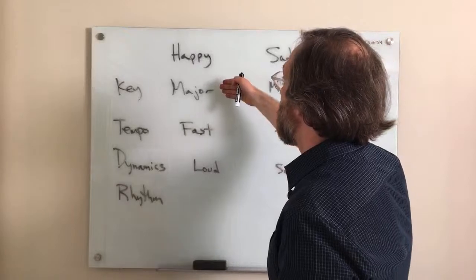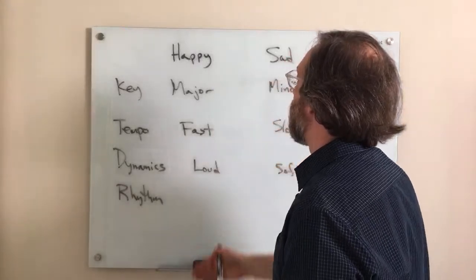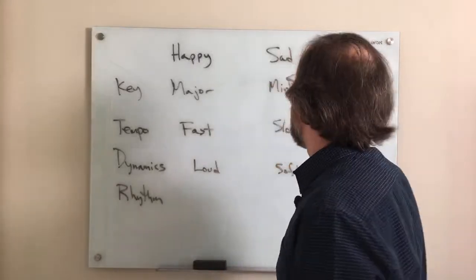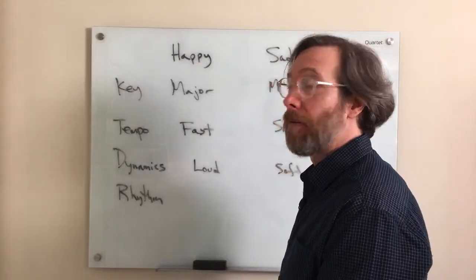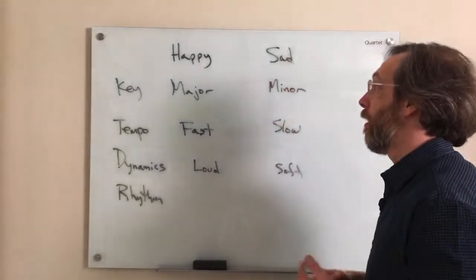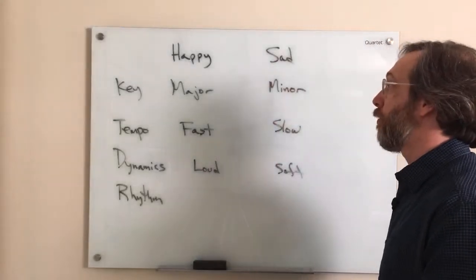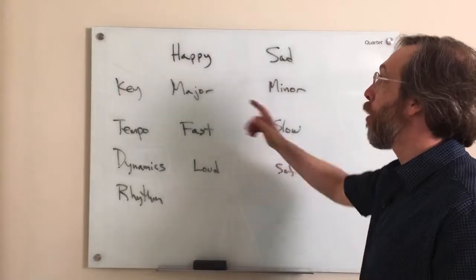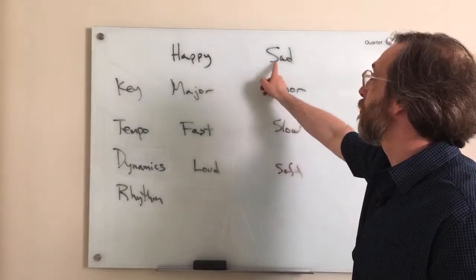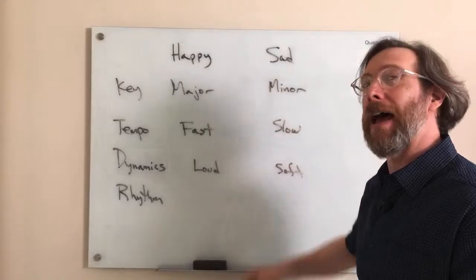So if you have something that's in major, fast, and loud, chances are, I can't think of a way that you could make that sound sad. I'm just trying to imagine. And that would be a great challenge, right? As to a composer, like if I was teaching a composition student, be like, okay, I want you to write a piece that sounds sad, that's major, fast, and loud.